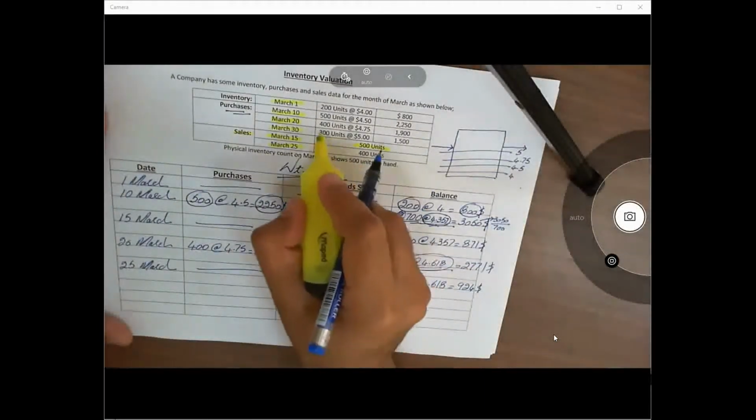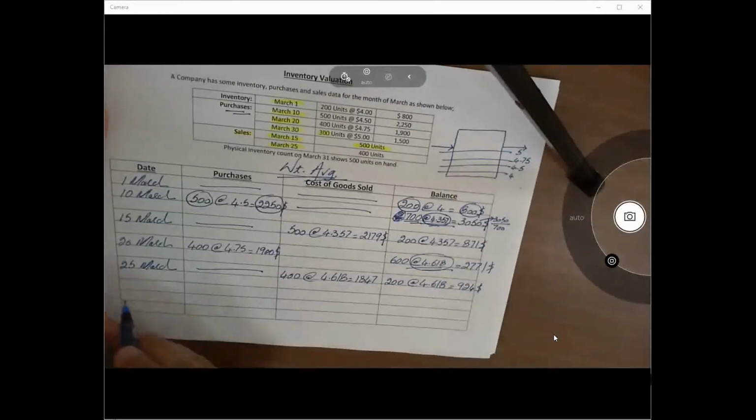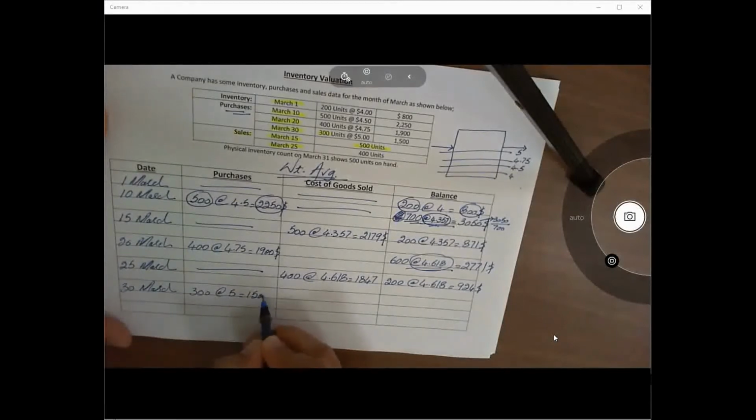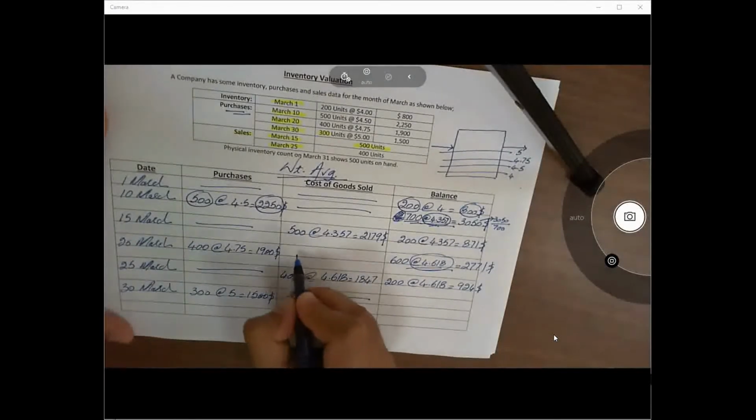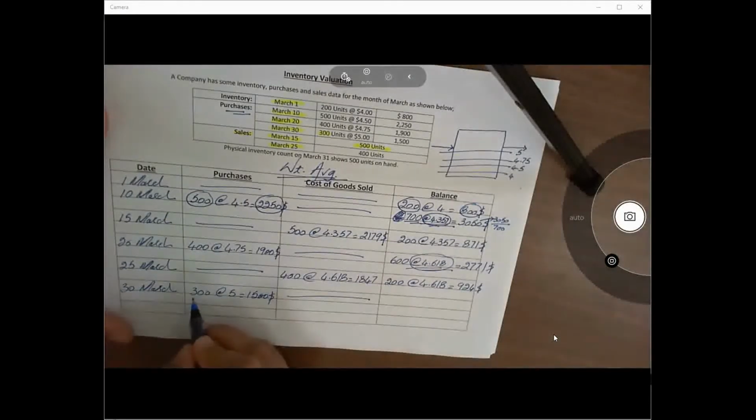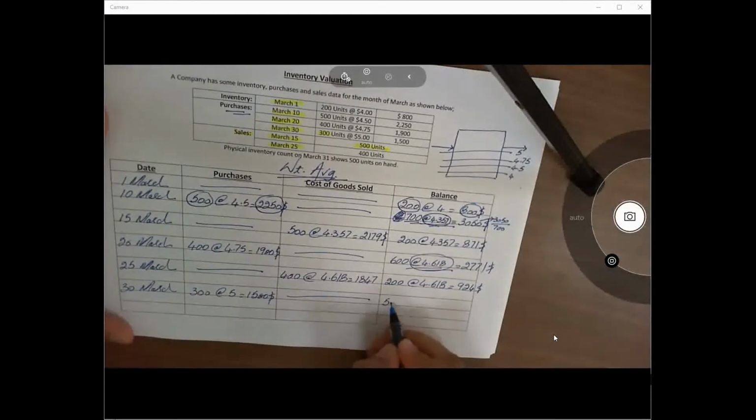After 25th of March, next is our 30th of March. On 30th of March, we are purchasing 300 units. So we will simply write over here 30th of March, we are purchasing 300 units. At what price? At $5. Total amount we are purchasing for is 1,500. So now in order to write it over here, we will cumulate it again. We are not selling anything. So 200 plus 300, 500.